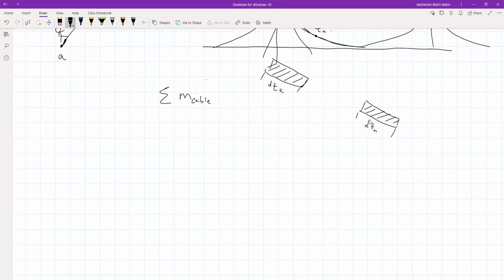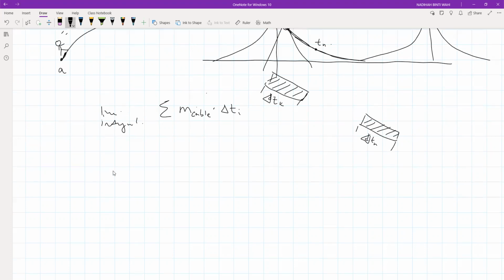I use delta in this case because this is discrete and approximate. So I can use a small weight and multiply it by delta Ti. So this is also line integration.